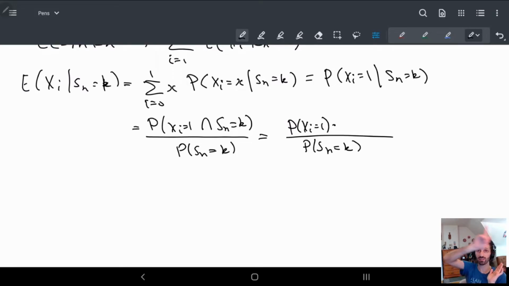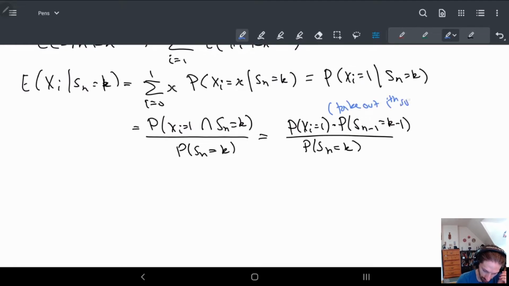Since I've taken one success out, there are going to be k minus 1 successes. So this is Sn minus 1 is equal to k minus 1. So in other words, what I'm doing here is I take out the ith success, leaving k minus 1 successes in n minus 1 trials.